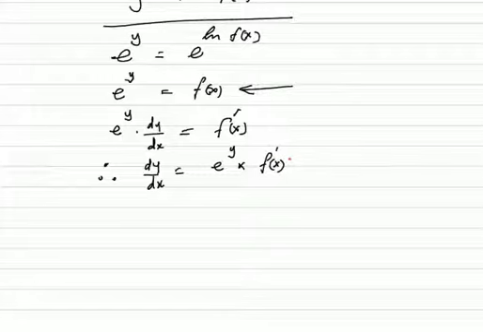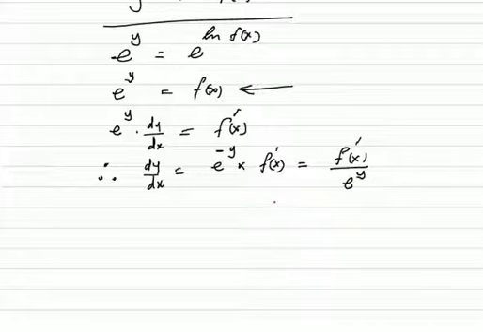Now, so if this is not e to the power y, but e to the power minus y, sorry, which is the same as writing this as f prime divided by e to the power y.